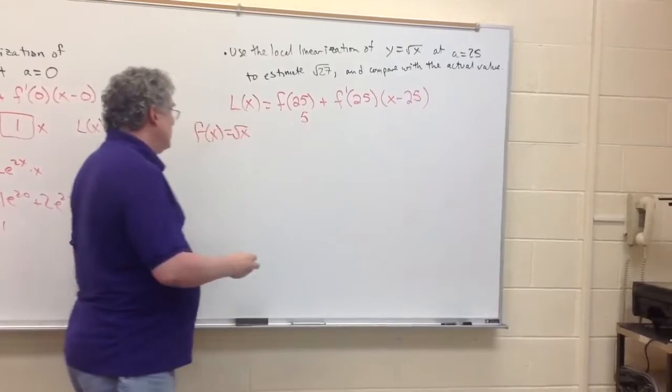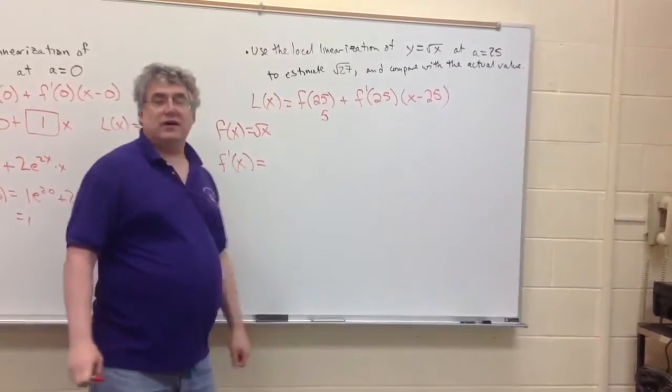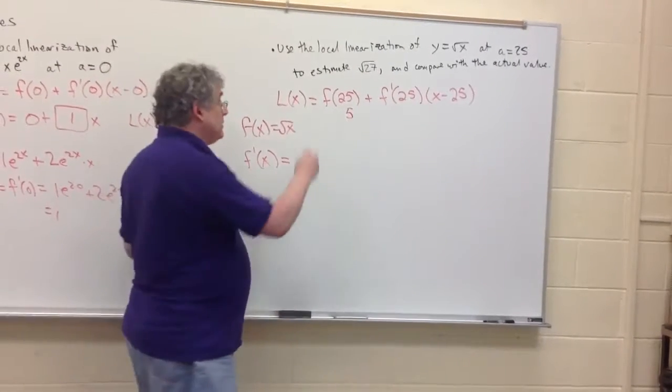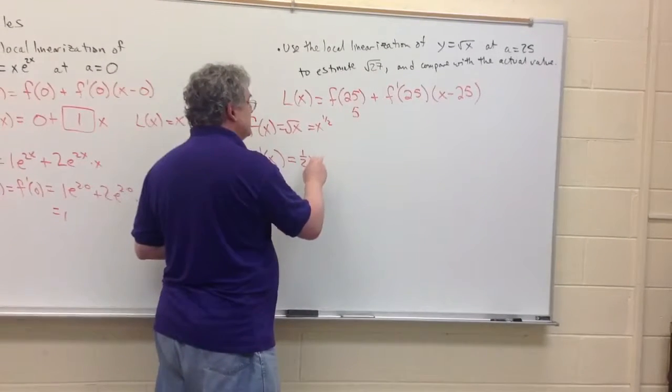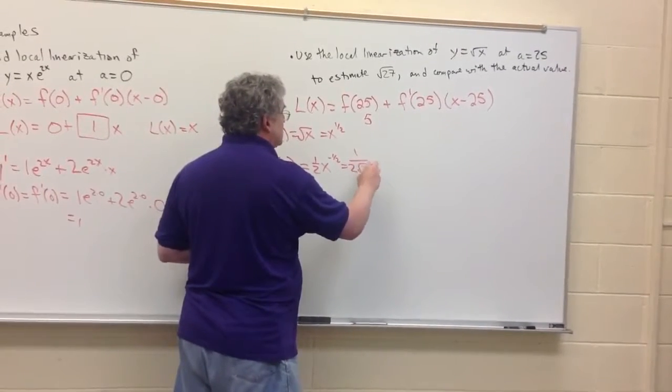The derivative, we have to take the derivative. What is the derivative of the square root of x? Well, square root of x is x to the 1/2 power. So the derivative is 1/2 x to the minus 1/2, or you can rewrite it as 1 over 2 square root of x.